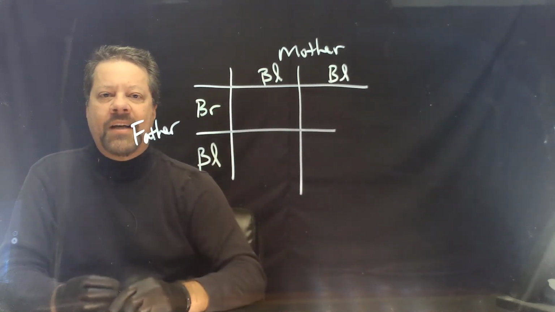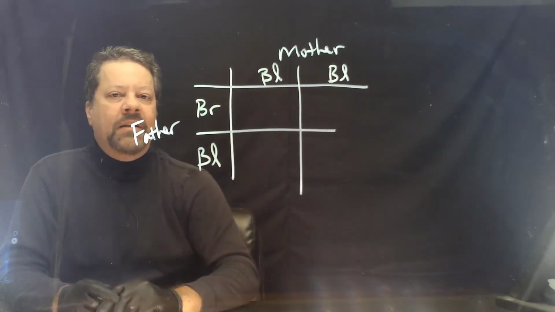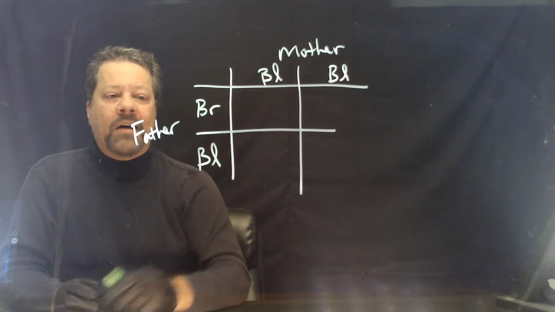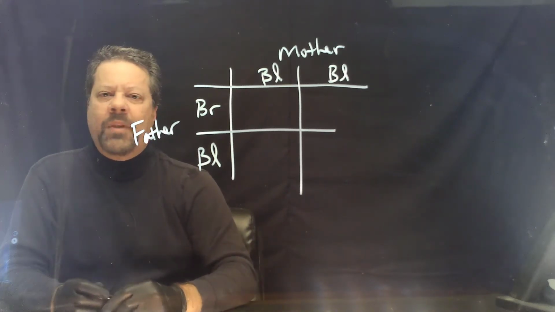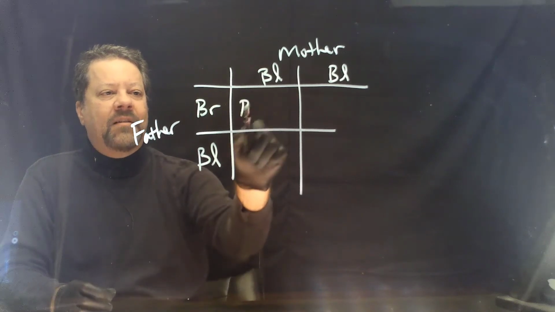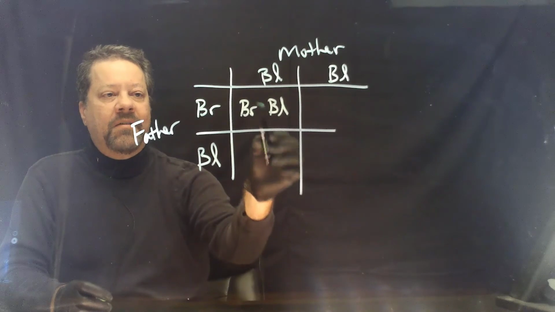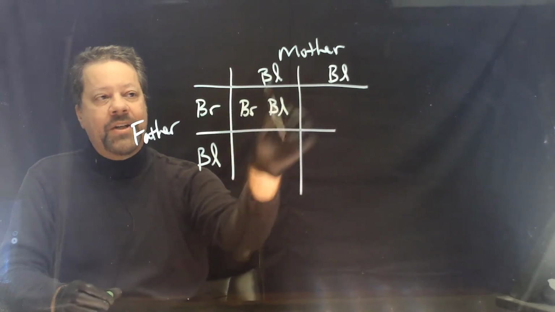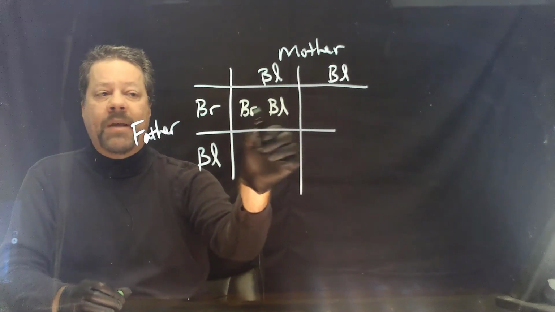Brown eyes would be the dominant gene, so since he has one brown-eyed gene, his own eyes will be brown, but he carries the blue-eyed gene. What will the offspring have? If he passes on the brown-eyed gene, the mother will pass on a blue-eyed gene. This offspring will be brown-eyed.